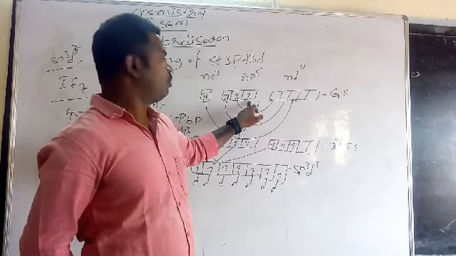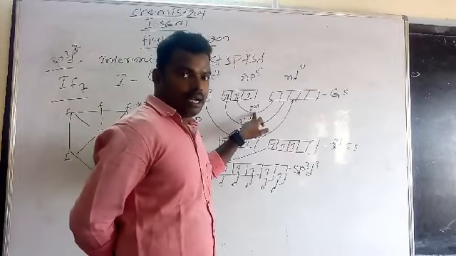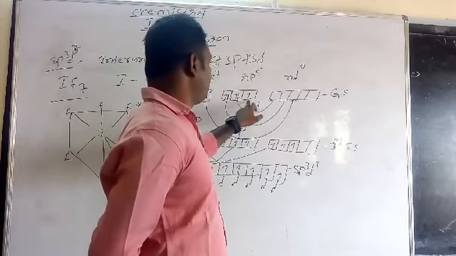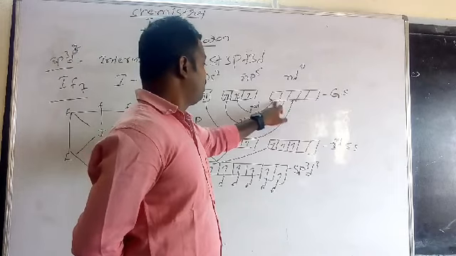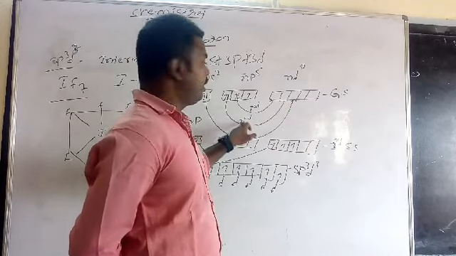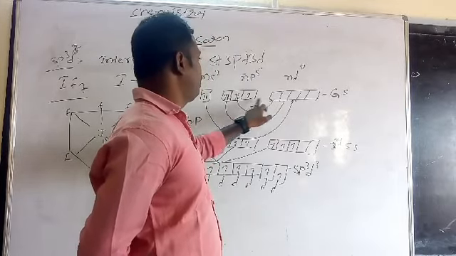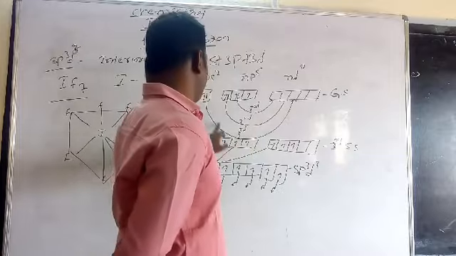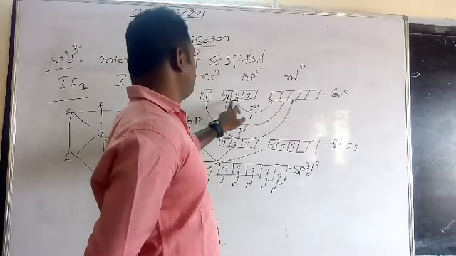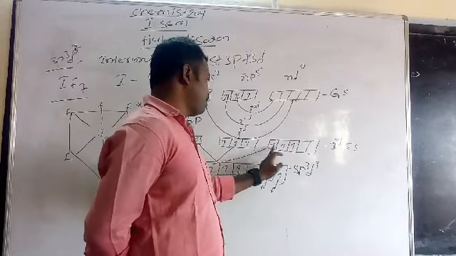In the first excited state, 3 unpaired electrons. In the second excited state, 5 unpaired electrons: 1, 2, 3, 4, 5. In the third excited state, 1, 2, 3, 4, 5, 6, 7.